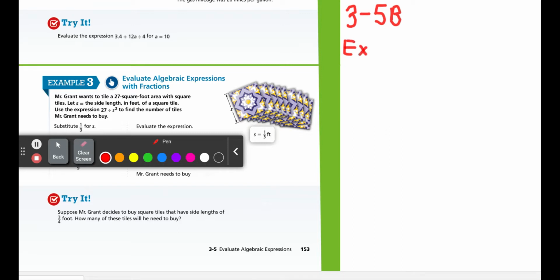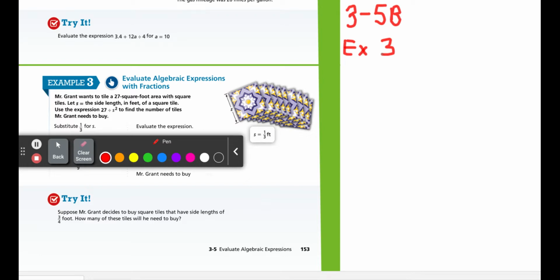So example 3 says, Mr. Grant wants to tile a 27 square foot area with square tiles. Let S equal the side length in feet of a square tile. Use the expression 27 divided by S squared to find the number of tiles Mr. Grant needs to buy.